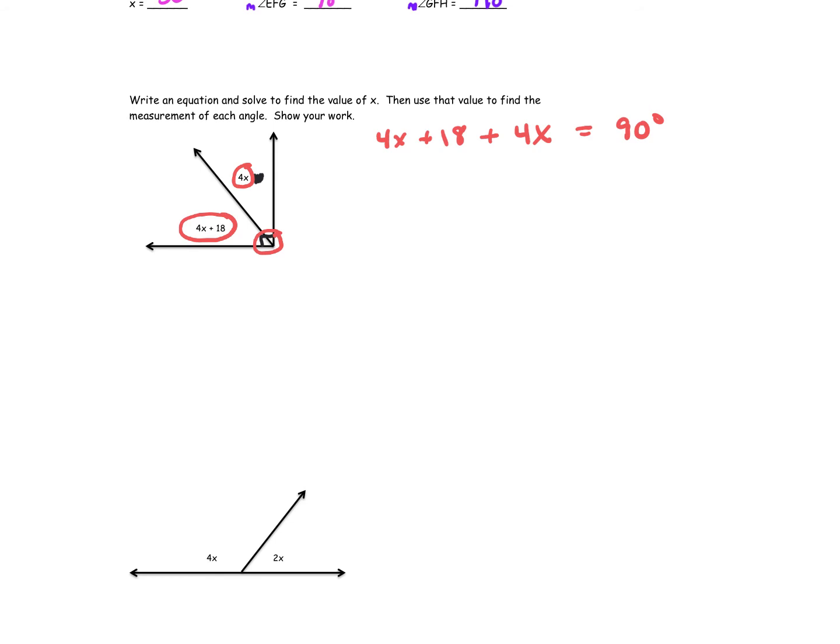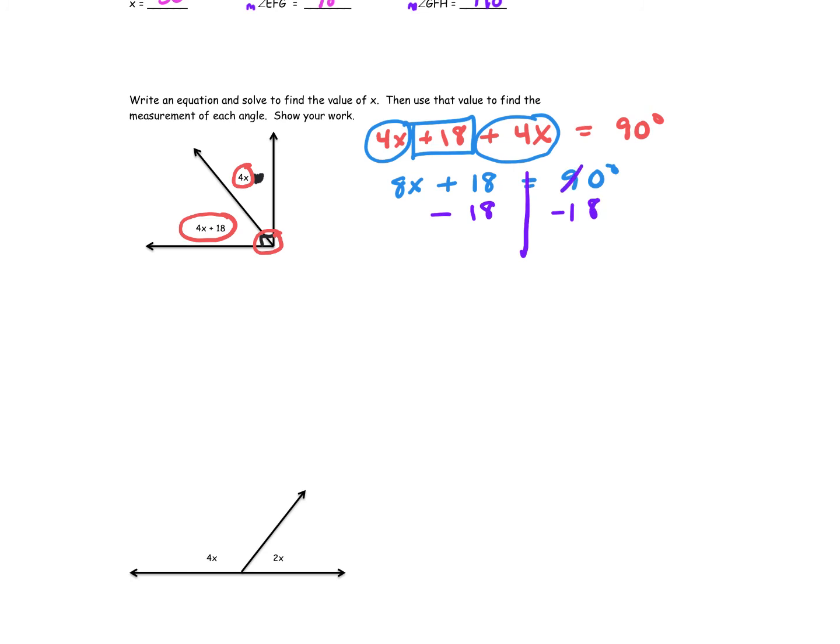We're now going to gather up our like terms. We have 4x plus another 4x, which is 8x. And then we have our constant of plus 18. And together that's 90 degrees. So we eliminate the constant first, the number without the variable.